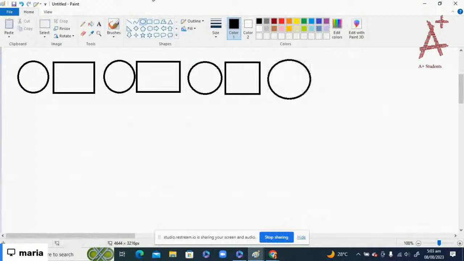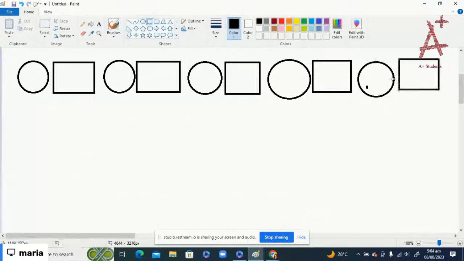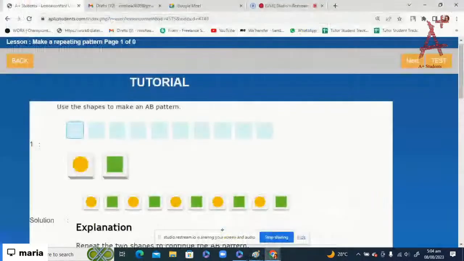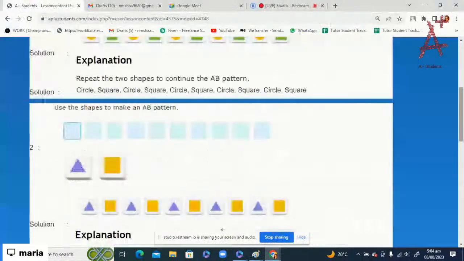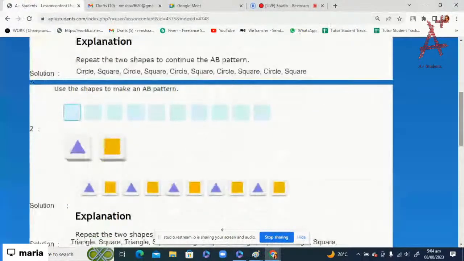Then circle, then square, then circle, then square. So this will create a pattern, and this will create an AB pattern. Look here, circle, square, then circle, square.